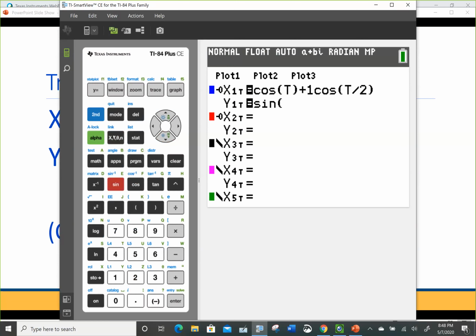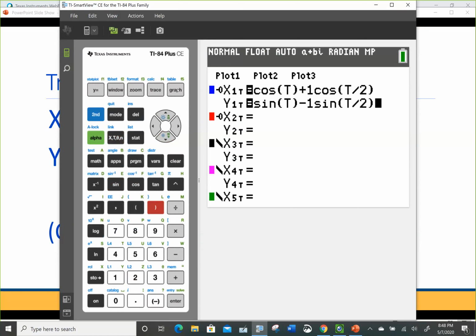Start with the unit circle and then subtract, because it was going clockwise, the sine of t divided by 2.